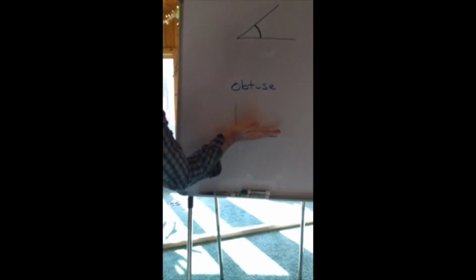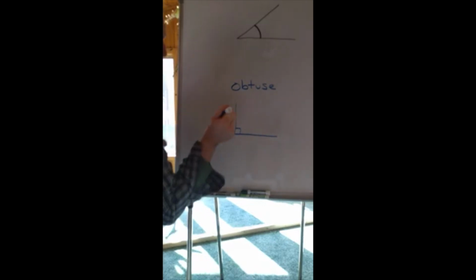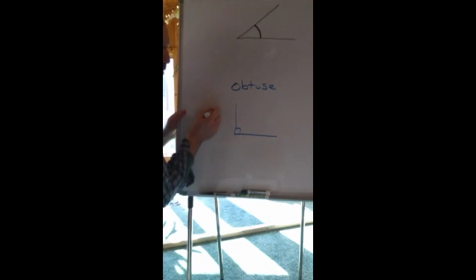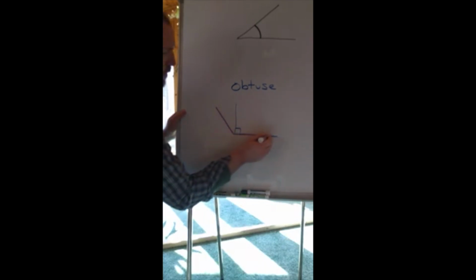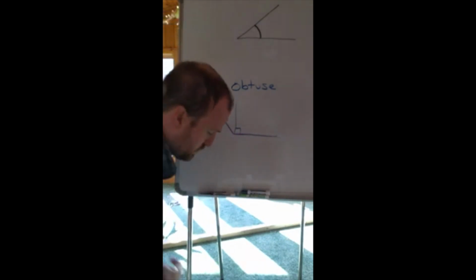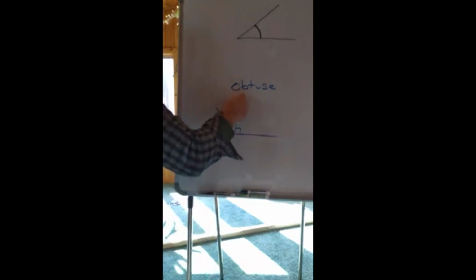So up, up, up, up, you hit 90, just like with the boards, and then you continue on. So let's say we go to 120. I'll erase here now so that you can see.